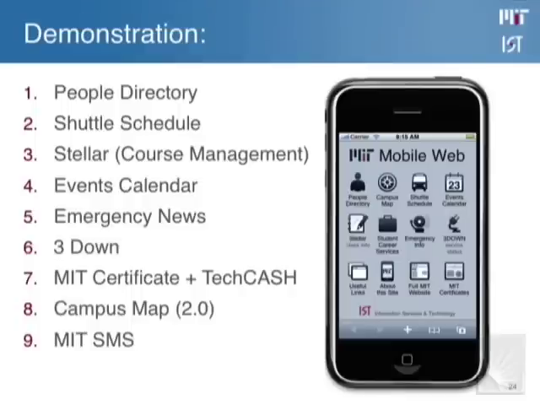The other popular one, especially at the beginning of the semester, is Stellar. So this is our course management system that allows you to browse and find the class, or you can search for it. So let's say I'm a student taking a mechanical engineering class, and I can get the latest information from the class website directly through the mobile interface.